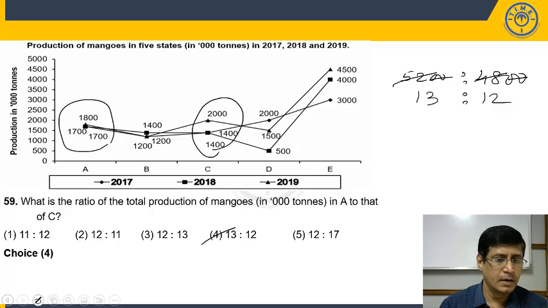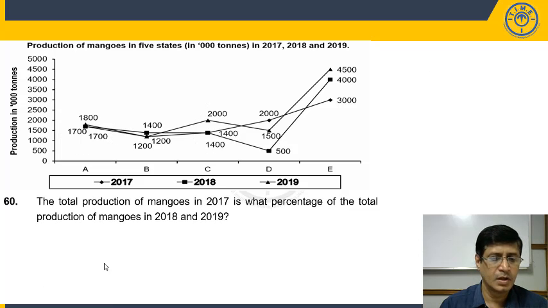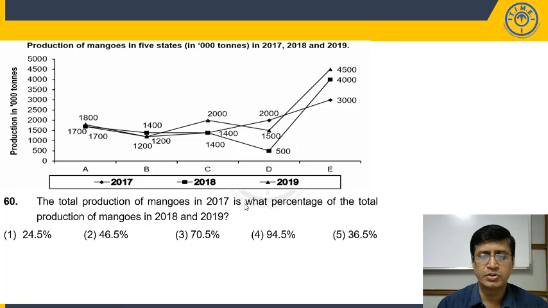Okay. Now look at the next question on your screen. The total production of mangoes in 2017 is what percentage of the total production of the mangoes in 2018 and 19?